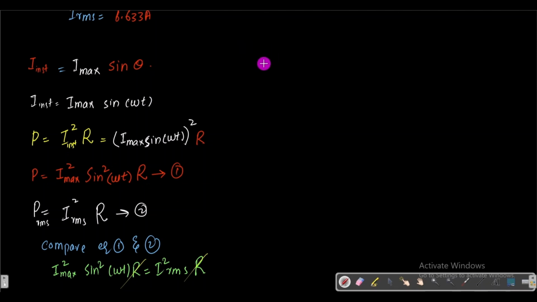So on the left side we have I max whole square into sine square omega t, which is equal to I square RMS.